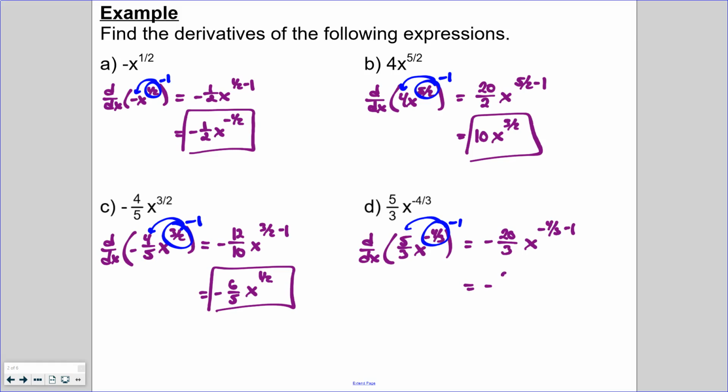We can't simplify negative 20/3 at all, so we'll leave that alone. But negative 4/3 minus 1 is negative 7/3. All right, and there you have it. We can see that we can just apply the power rule as normal if we have a rational exponent.